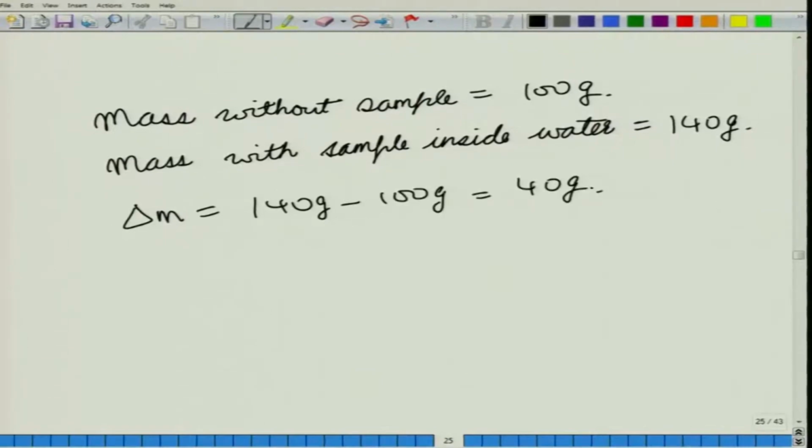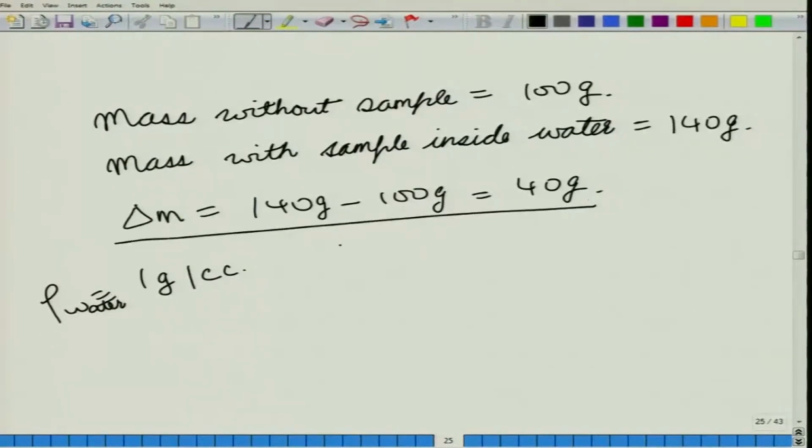We know that the density of water at 4 degrees Celsius is 1 gram per cubic centimeter. So, we can calculate the volume of water that has been put in by using the equation: density is given by mass upon volume.